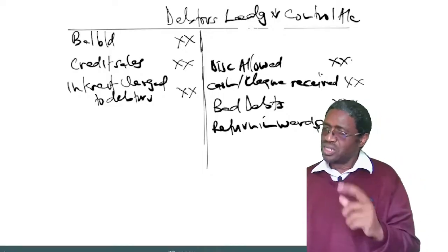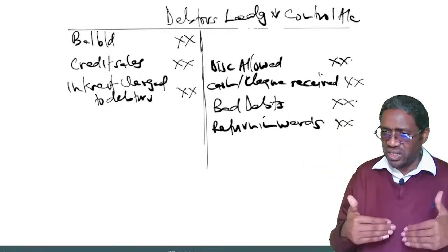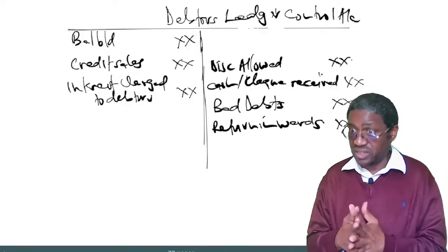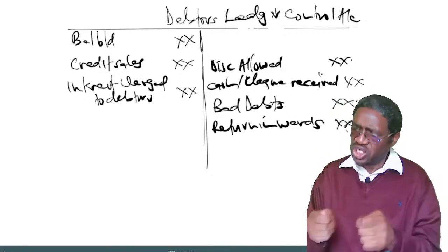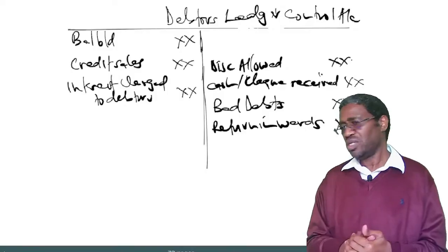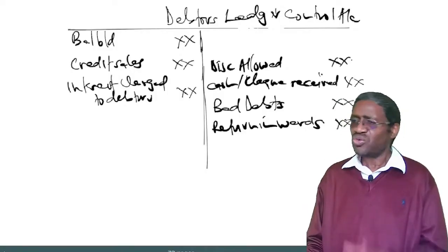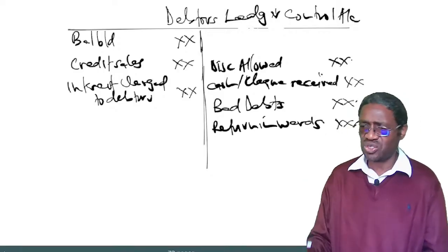But listen, the moment he wrote to you the check, you debited bank as an asset and you credited debtor. That's okay. Then you took the check to the bank for cashing, and you are told this guy has insufficient funds. So this check that you received from your customer, suppose it became dishonored.